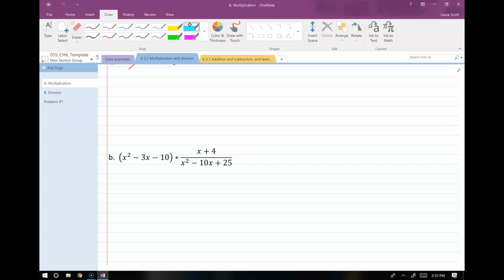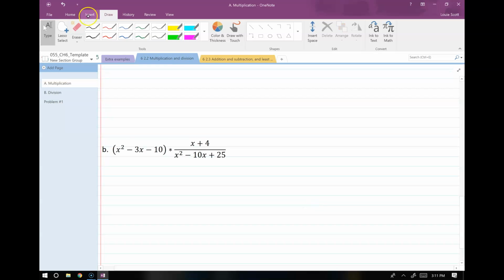In the first one, we have x squared minus 3x minus 10, and that's multiplied by the fraction x plus 4 over x squared minus 10x plus 25. Something we need to remember here is that since this first one doesn't appear as a fraction, we can consider this over 1.